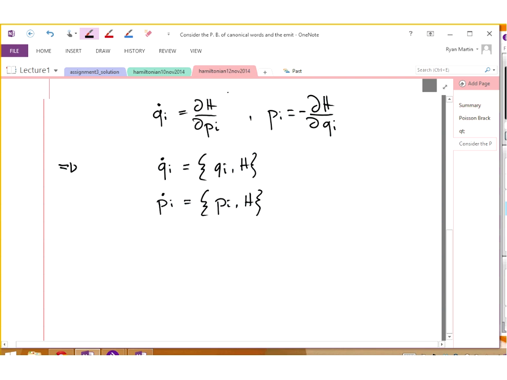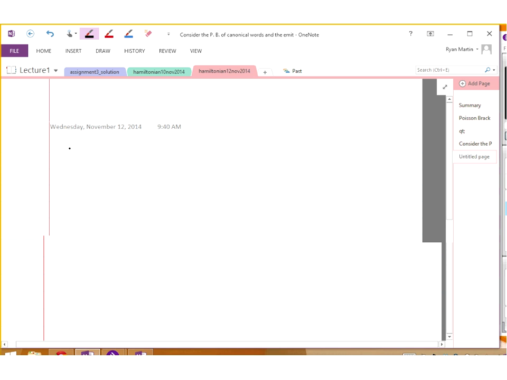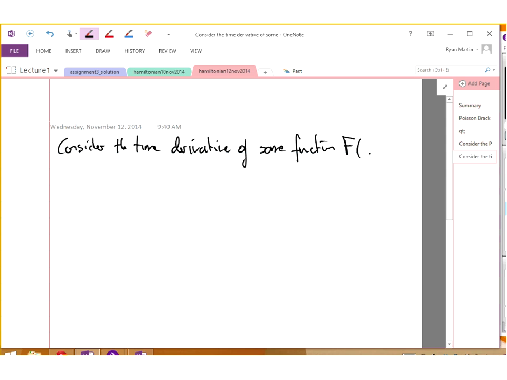Consider a general function. Let me start on a new page. Consider the time derivative of some function f that depends on the Qi, Pi, and t.